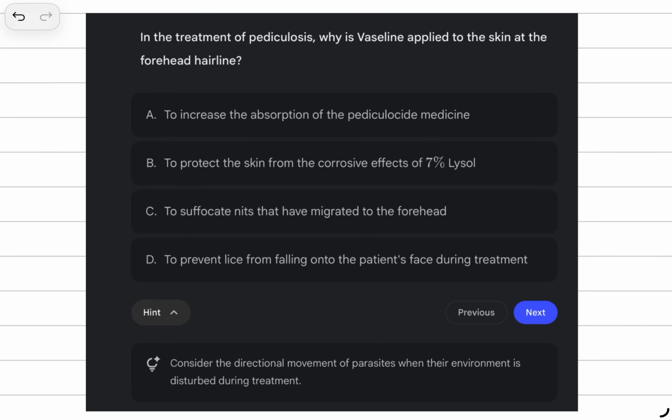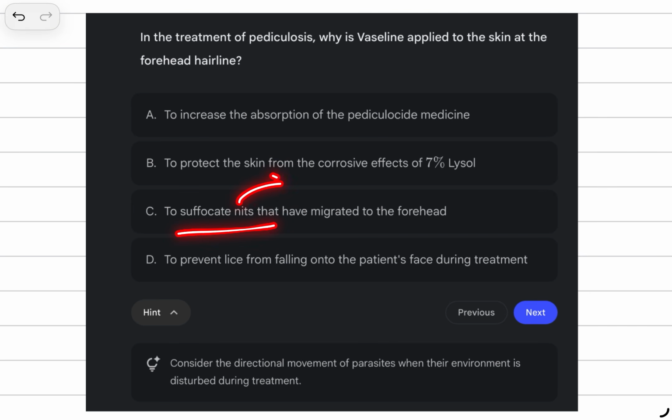You people are saying C, na? D or C? Now, increased absorption is a wrong answer. To protect the skin from the corrosive effect, Vaseline will not make any prevention from the corrosive effect. And coming to C, suffocating the nits. Which one will suffocate the nits?